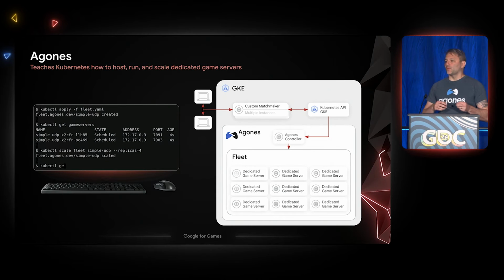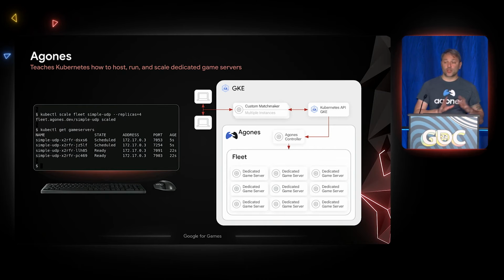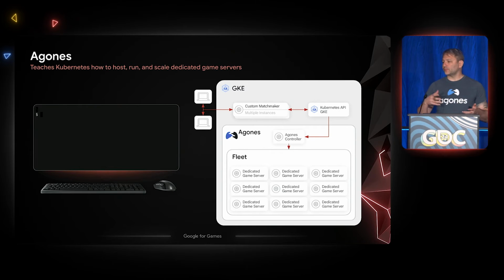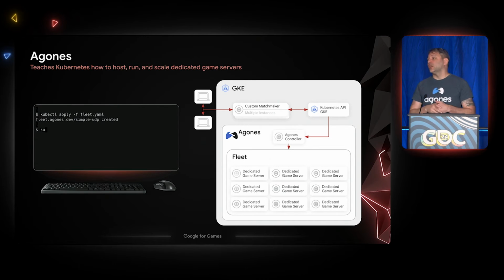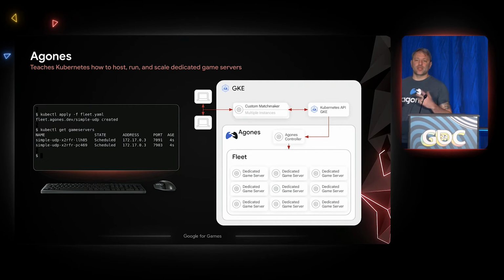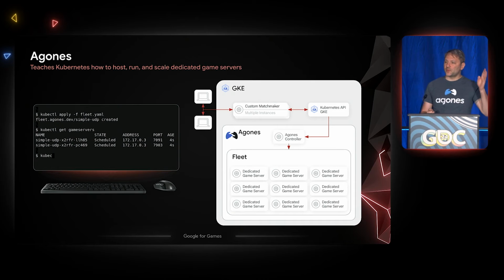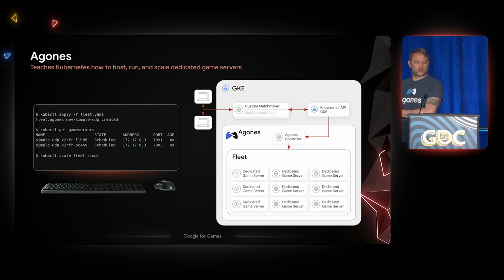So rather than worrying about how to divide up my node and how packed my node is, which Agones does some really great work for, if I'm running on GKE Autopilot, I don't care about how packed my nodes are, because I don't care about my nodes. I care that I'm paying for a pod and how much CPU and memory it's running, which also makes it really easy to say, I've got this many players on a pod, this is how much it costs me, and I know what to do from there, which I think is really, really cool.